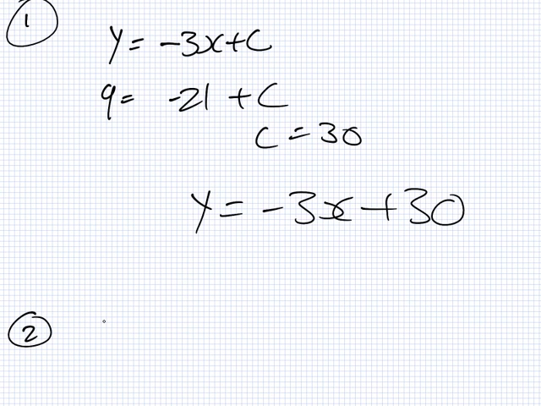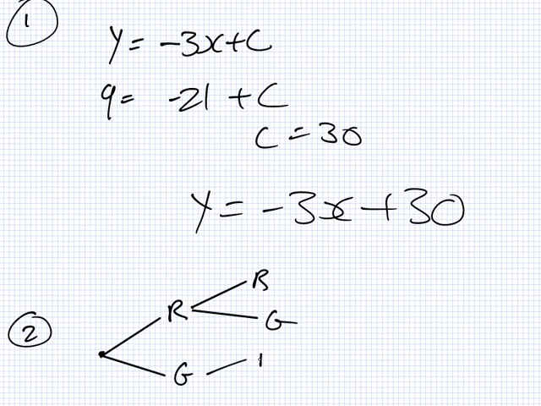In number 2, you will need to draw a probability tree. So we can either get a red or a green, and then we can get a red or a green, a red or a green. There are 4 reds. So this is 4 over 9, and this is 5 over 9. If we just got a red, then the chance we'll get red again will be 3 over 8, whereas this one is still 5 over 8.